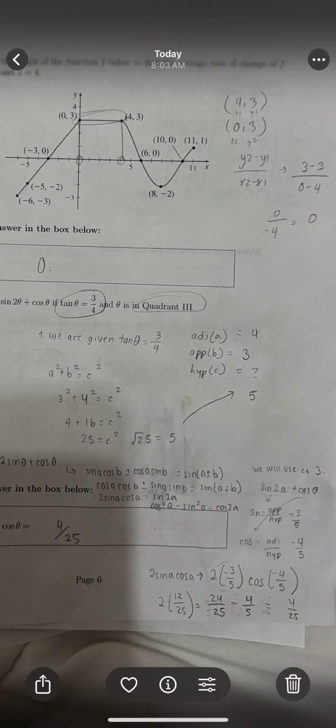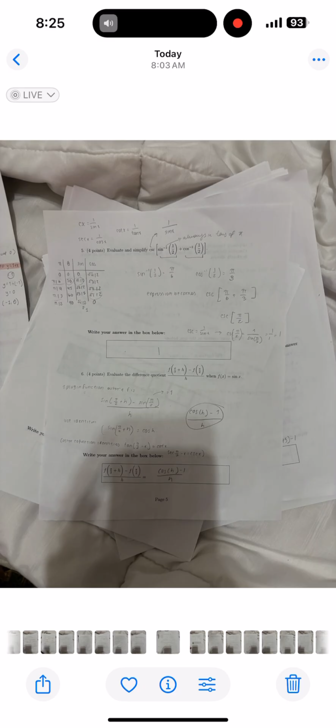We want to evaluate and simplify cosecant of sine inverse 1 over 2 plus cosine inverse 1 over 2. The first thing we need to do is draw the little table and figure out that sine inverse 1 over 2 is equivalent to pi over 6 and cosine inverse 1 over 2 is equivalent to pi over 3. This expression becomes cosecant of pi over 6 plus pi over 3.